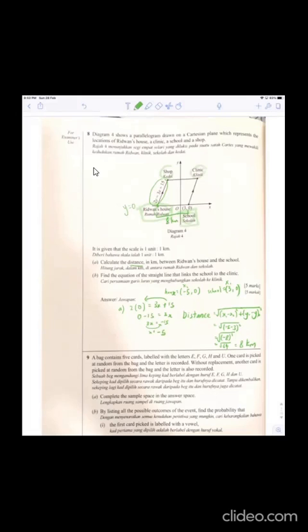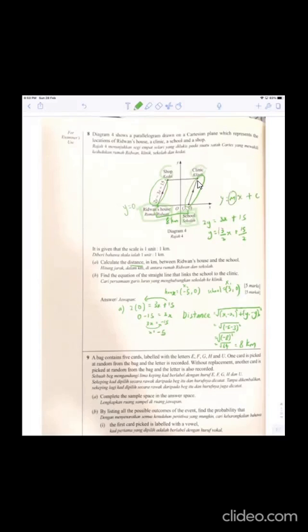Okay, part B. Find the equation of the straight line that links the school to the clinic. School, the clinic, this. So the straight line of the house to the shop has an equal gradient to the school to the clinic. So 2y equal 3x plus 15, to make y alone, divide by 2. So from here, y equal mx plus c.